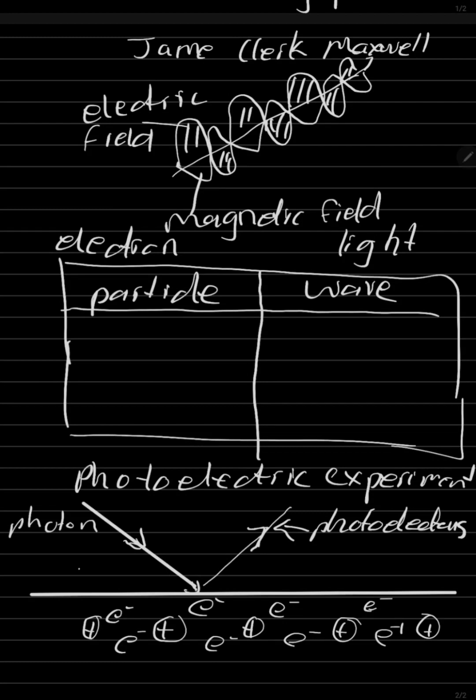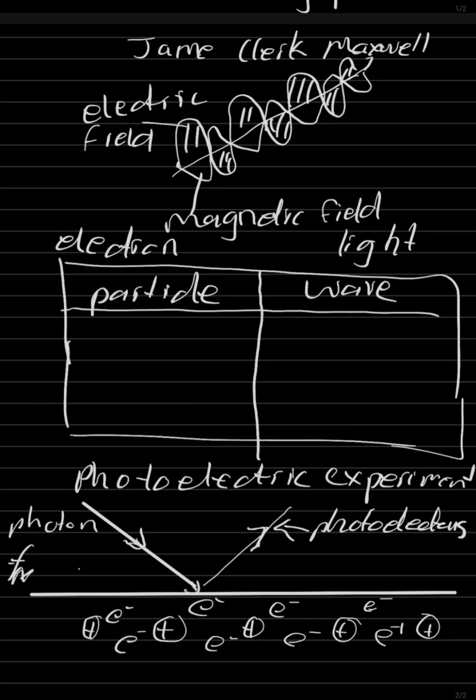And now when light, a photon, is shined onto the metal, if it was a wave, and we shine light of a certain frequency, let's say Fn, a new frequency, and this frequency doesn't have enough power or intensity to knock out the photoelectrons from this metal, we are not going to observe any photoelectrons being released from this metal.